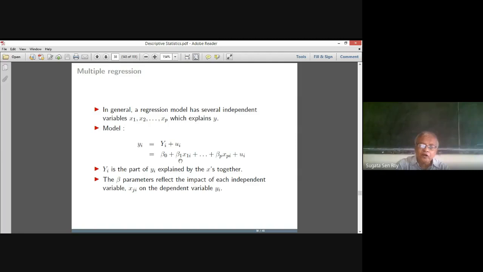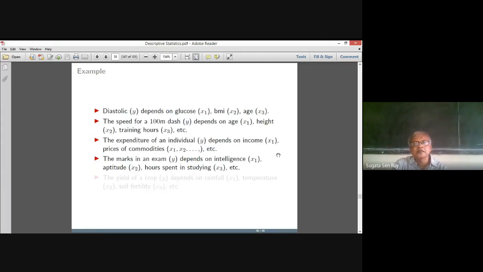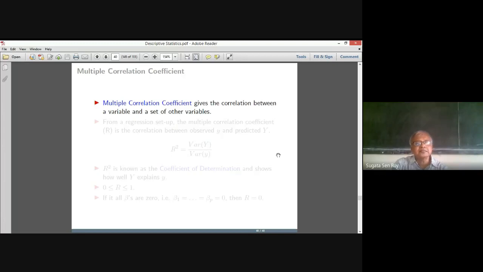Okay, and if all the other variables are 0, that is, if you are at the origin, then the intercept gives you the value of y. Okay, so that's how you interpret these things. Okay. So there will be several examples. Again, I think for the sake of time, I'll skip this.